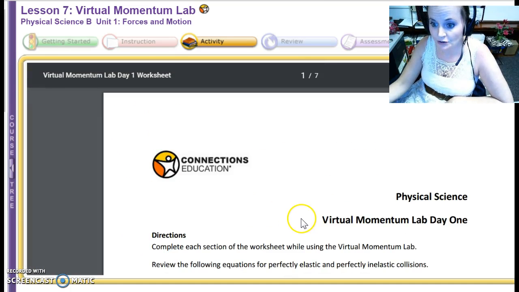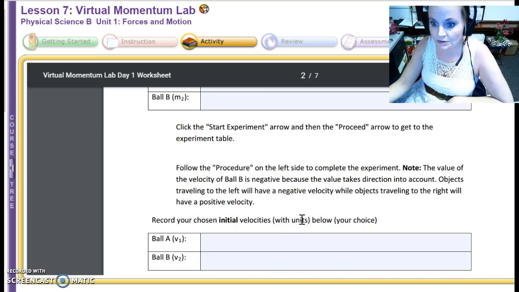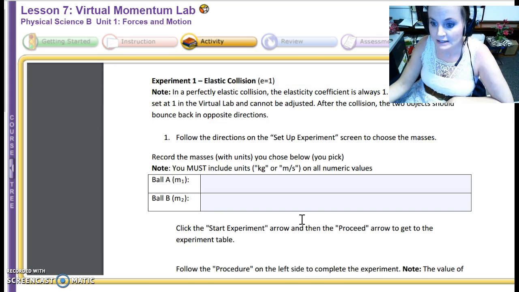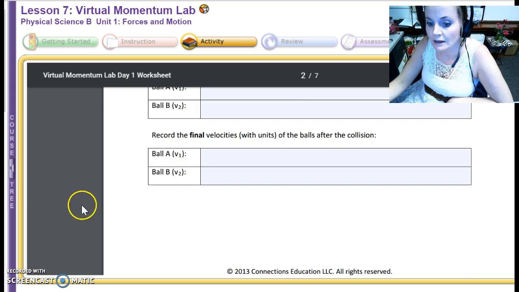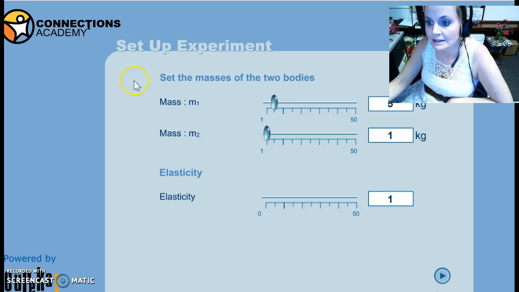Again, you'll have to save it to your computer before you can actually make entries into it. But basically, it's going to have you choose the masses and velocities of two balls and observe what happens in a collision. If I go to the link that it gives me at the bottom of the screen, it's going to bring me to this type of screen here.